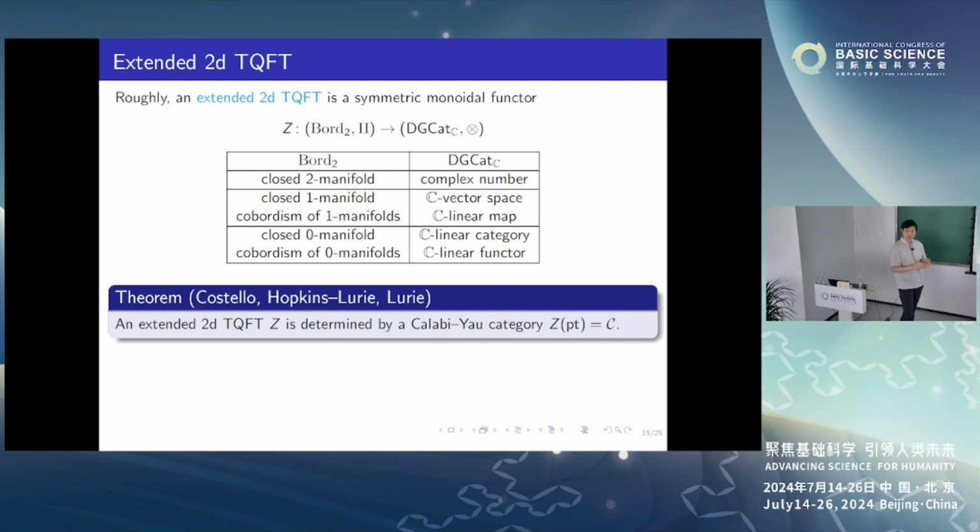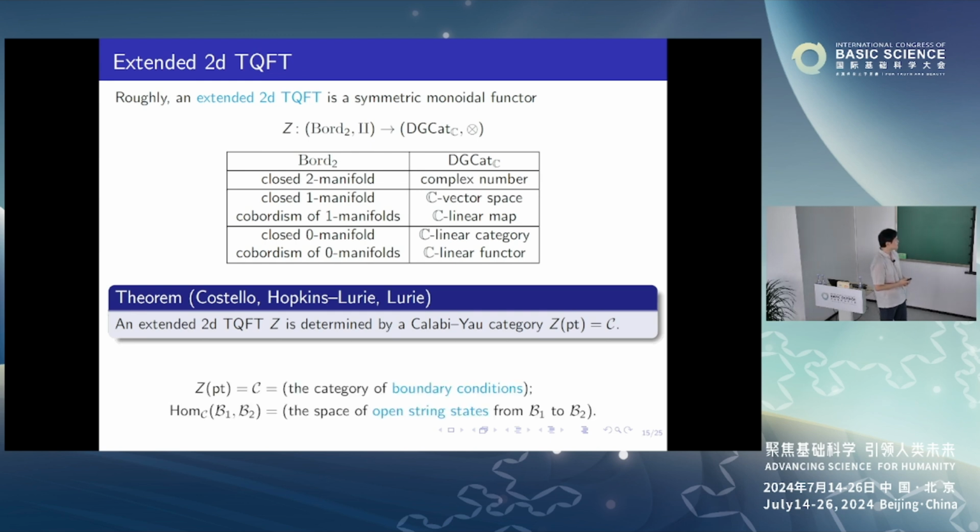What you assign to a point does know everything. If you know the point, you can in a sense integrate out any two-manifold to obtain everything. In fact, this much is due to Kevin Costello, and a version is due to Hopkins-Lurie, but even for general dimension this works, and that's a result of Lurie, the cobordism hypothesis.